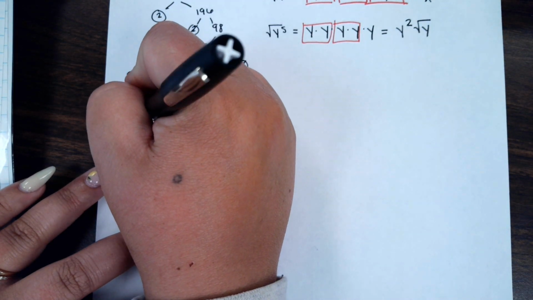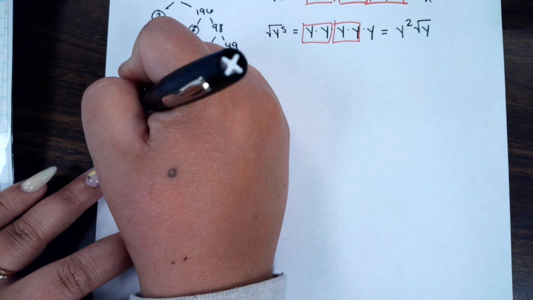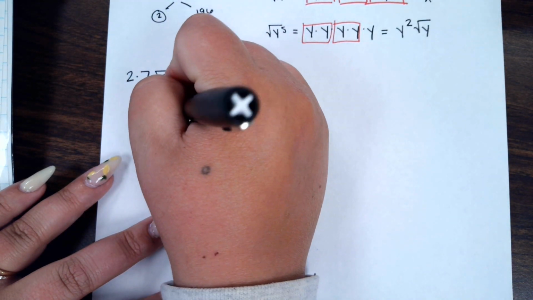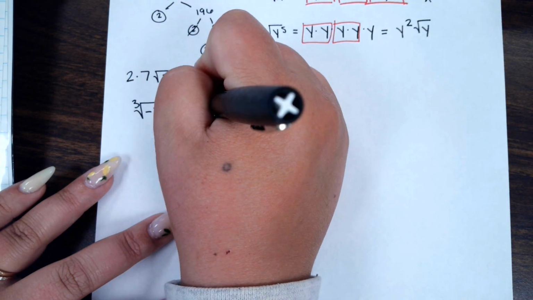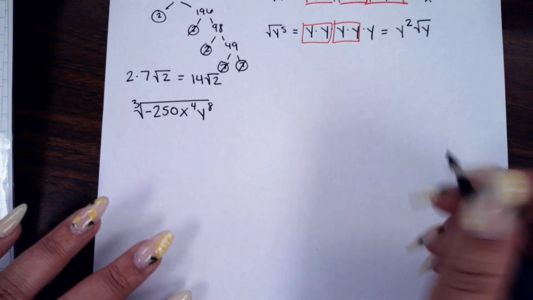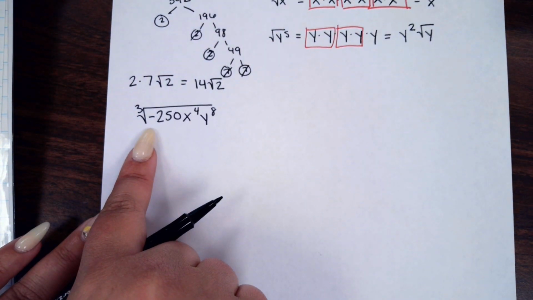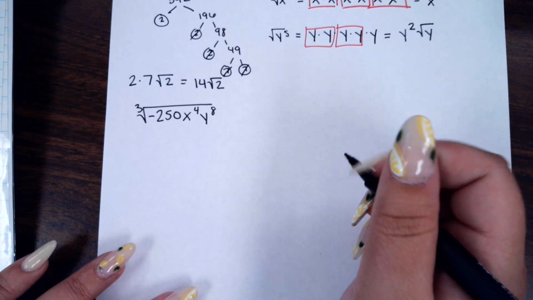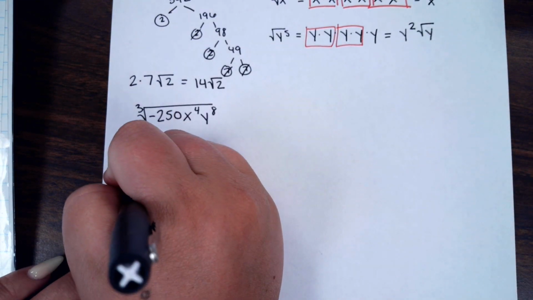How about the cube root, this time, of negative 250 x to the 4th, y to the 8th. So, whenever you have a negative under the root, what I want you to do is just pull out a negative off the bat.